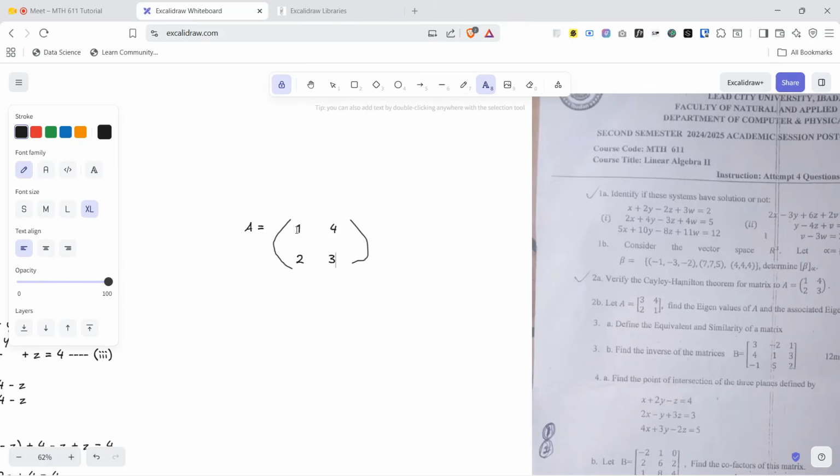So we're told to verify Cayley-Hamilton's theorem. For Cayley-Hamilton's theorem, it says that A alpha, we don't have an alpha here. What do I do? No, but this is alpha. I can't even remember.